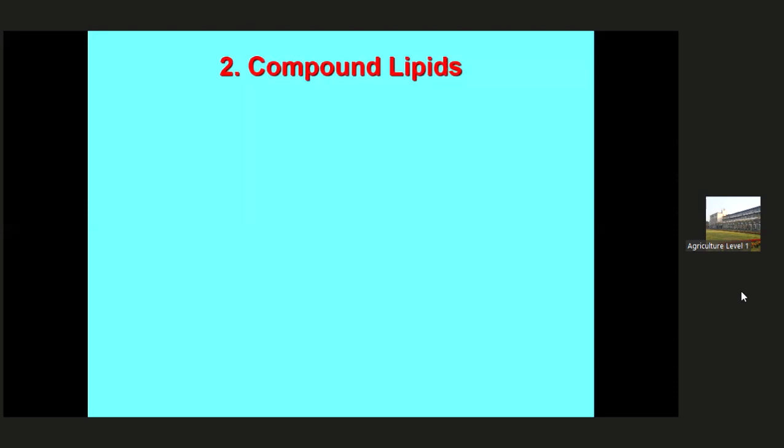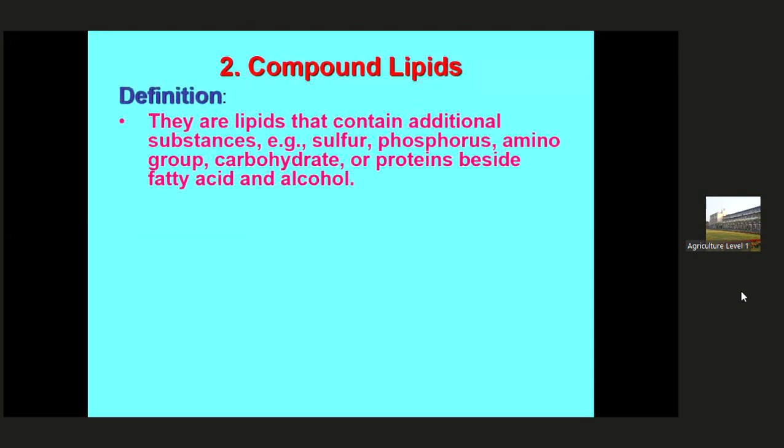If a component has any scarcity of these properties, it will not be a lipid. But this simple lipid may also contain some additional groups. This is called compound lipid. These are additional substances. It may be sulfur, phosphorus, amino group, carbohydrate, protein, etc., beside the fatty acid and alcohol or glycerol.